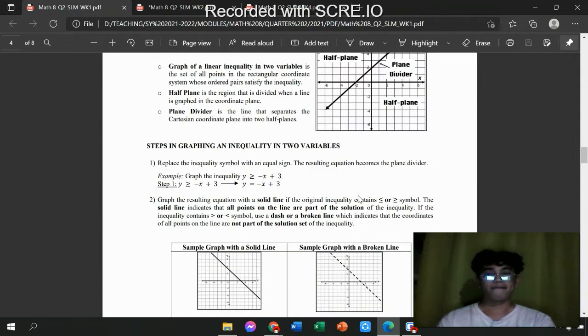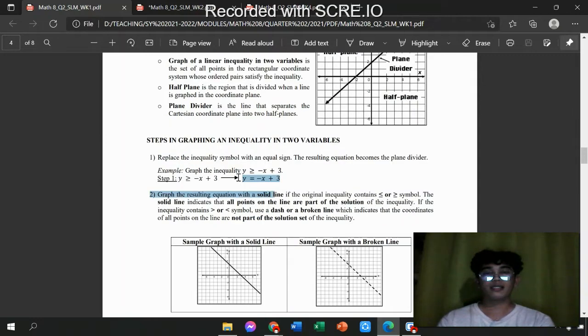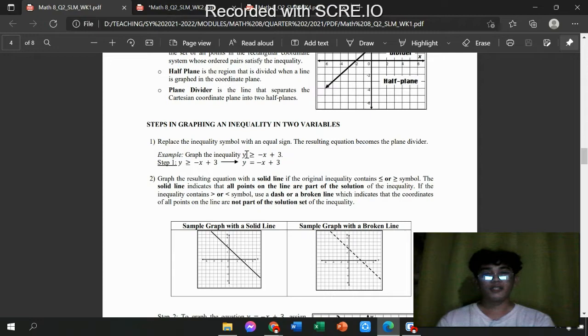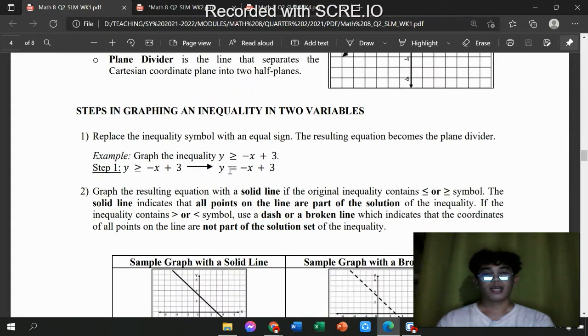Unsaon ni pag-graph? Di ba? Ang first nga buhaton is i-change ang inequality sign into equal sign. Di ba? Inequality man ni, atong i-change into equal sign. So mahimo na ning equation.